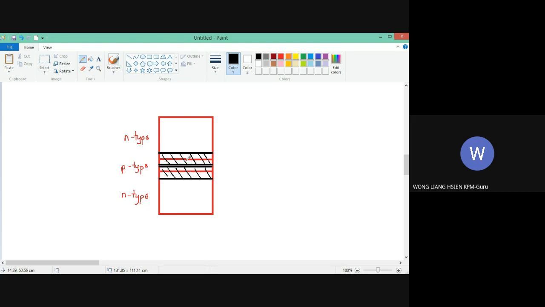So you have the depletion layer around the boundary, around the two junctions of the semiconductor. So you see here what happened. Here you have electrons, and here also you have.